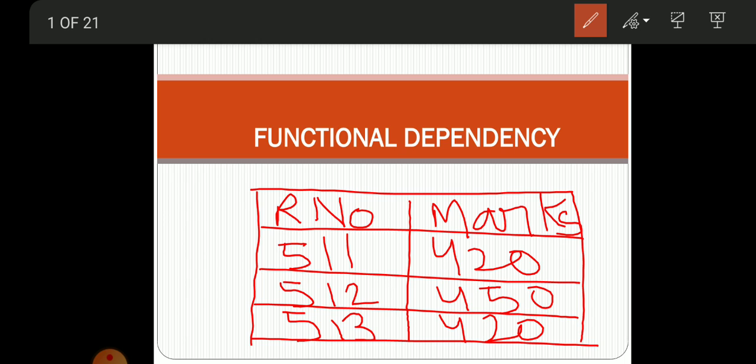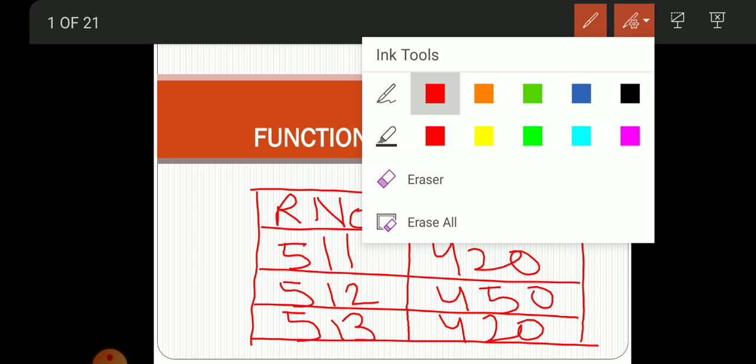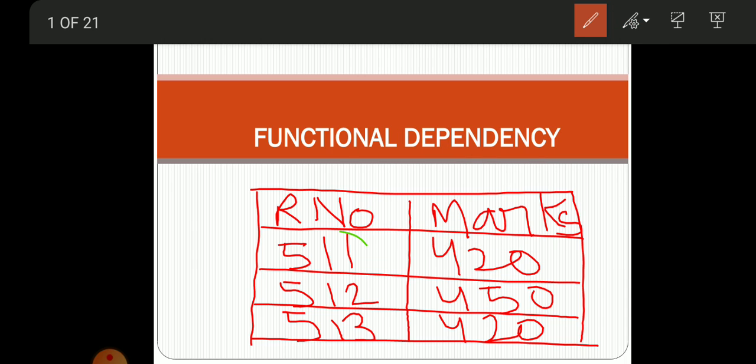Here we have taken two attributes. According to these attributes we can identify the functional dependency, right? Now if I ask you to tell me the marks of roll number 511, then there would be no problem. You will just type the roll number 511 and you will get the marks 420.